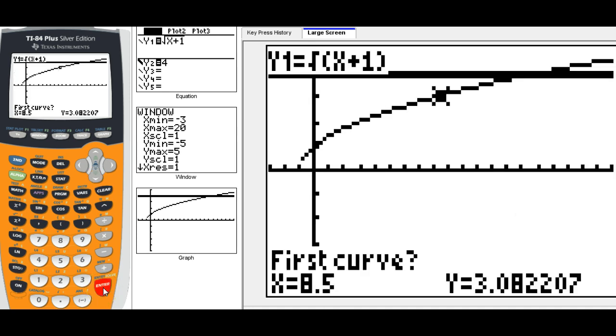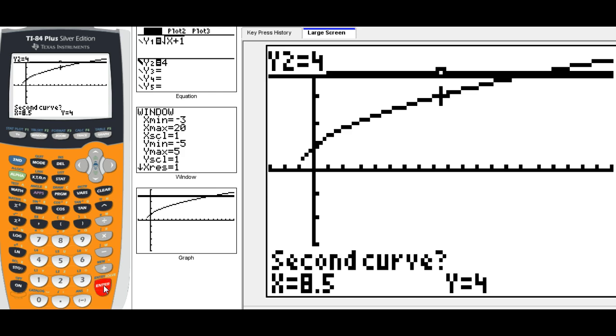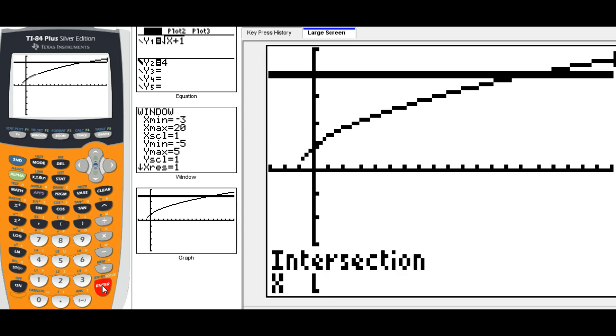Well, the cursor is highlighting on it, y1. That's good, we press enter. What's the second curve we want to use? Well, that's the line y2 equals 4. Cursor's highlighted on that, press enter. Do we need to make a guess? No, there's only one point of intersection, so just press enter again. And there is our point of intersection, x is 15 when y is 4.